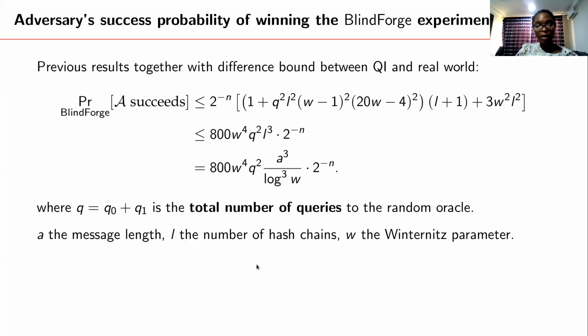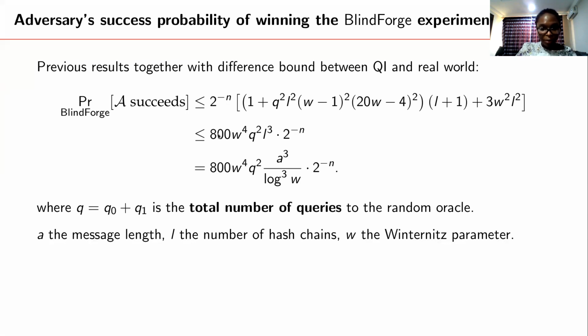If we combine all those results that we have seen previously, the bound for the hash chain before the sign query, the success probability of the adversary in the case where the adversary only queries the blind sign oracle, and also the bound for hash queries after making at most one sign query, together with the bound coming from the difference between the quantum independent world and the real world, we come out with this expression.